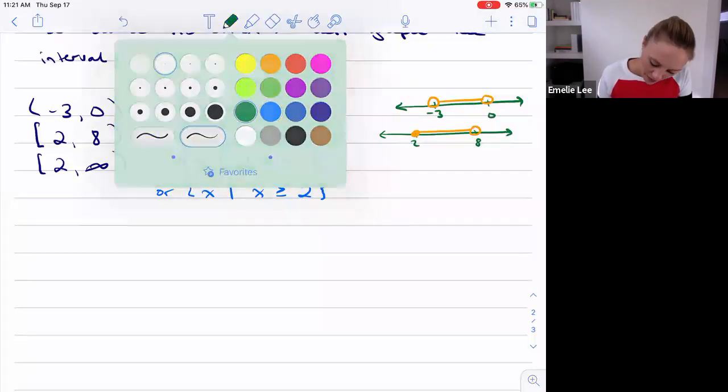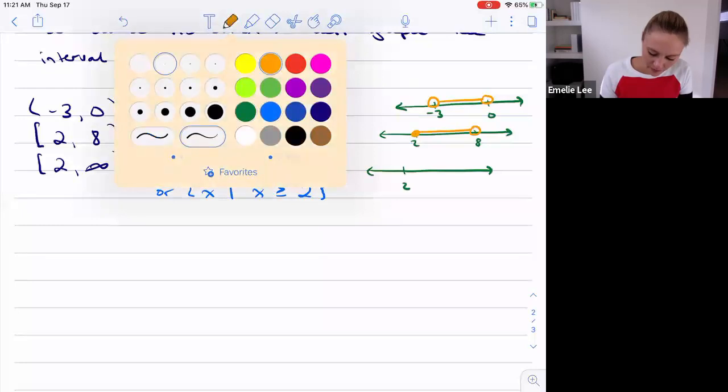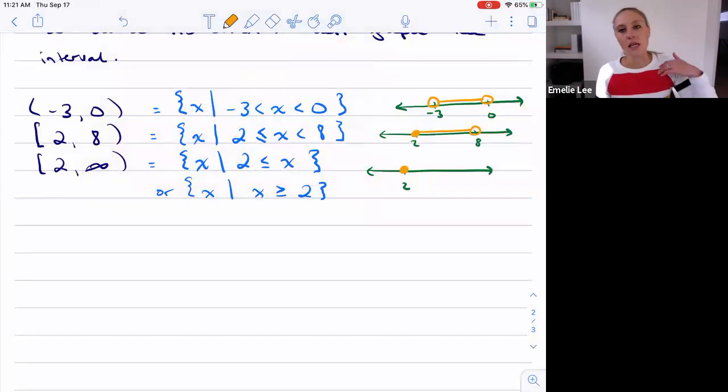And then if I do my number line, here I am at 2. So it includes 2 again, so I'm going to do a filled in dot. And then just to indicate that it's going to keep going and going to infinity, I'm going to draw my arrow to the right.